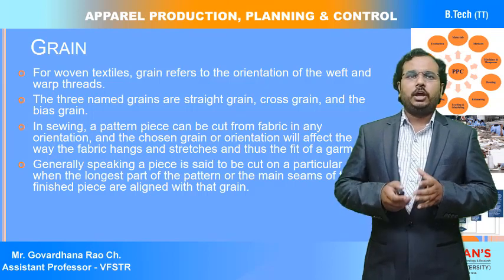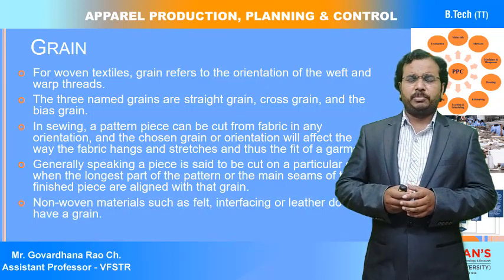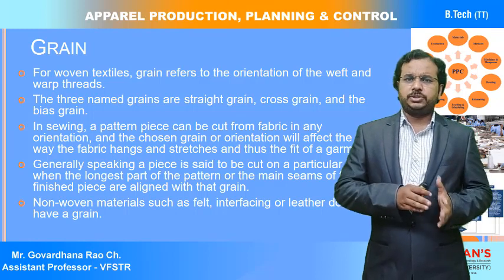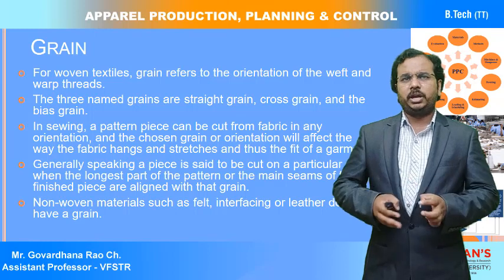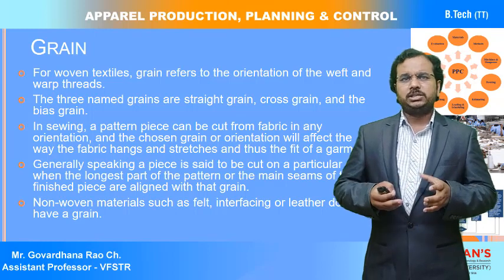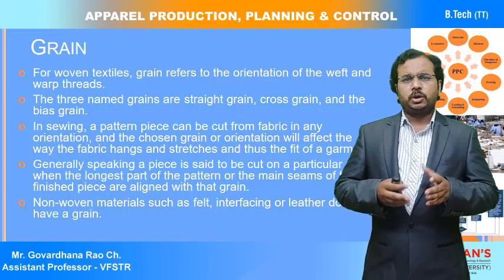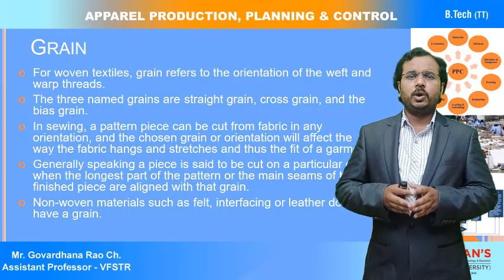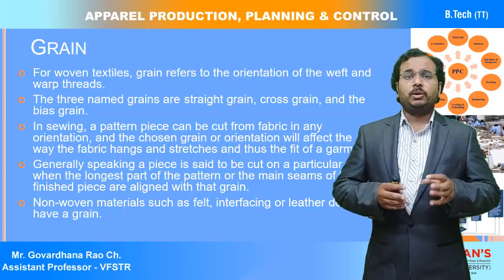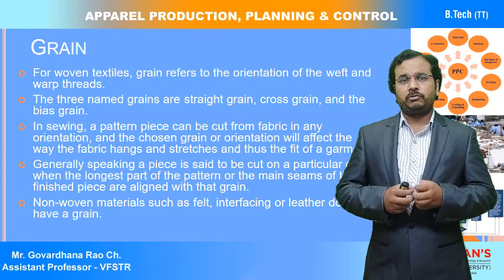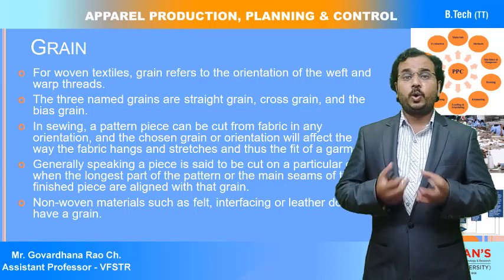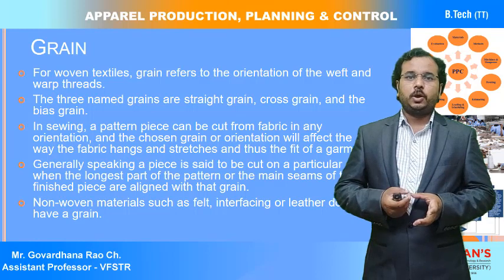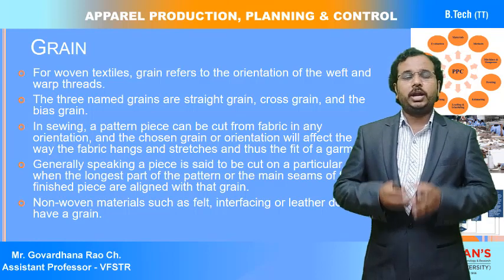Now, woven we have seen, and for non-woven materials, which are generally felts or interfacings, there is no grain in the fabric, because the orientation of fibers in the non-woven fabric structure is random. There is no warp direction or weft direction, and the fibers are not arranged in one direction.